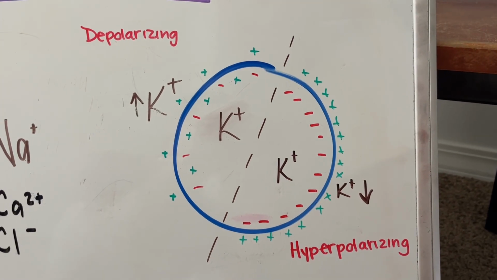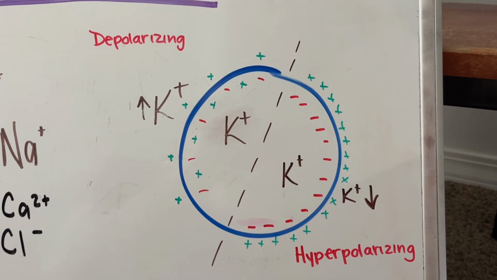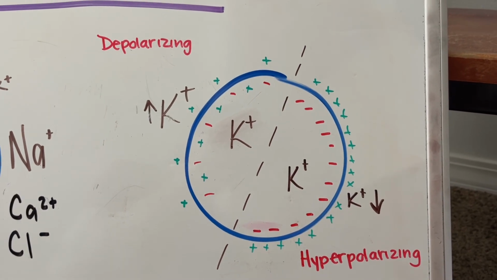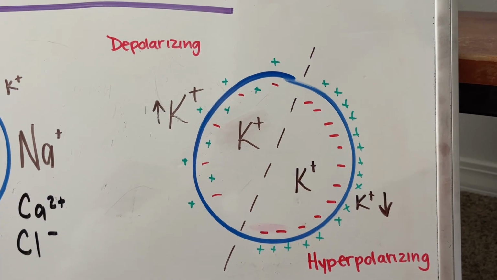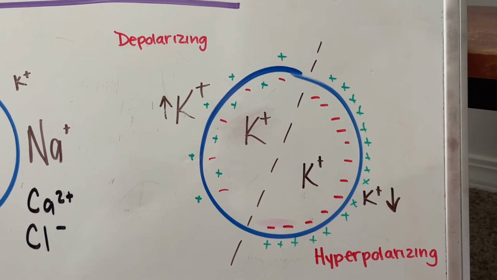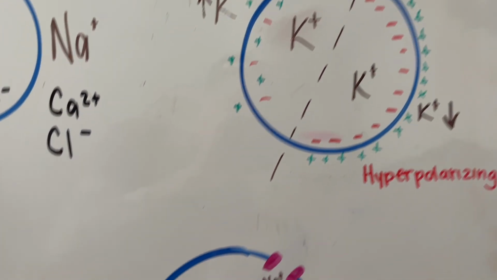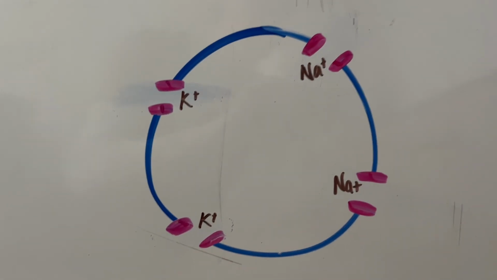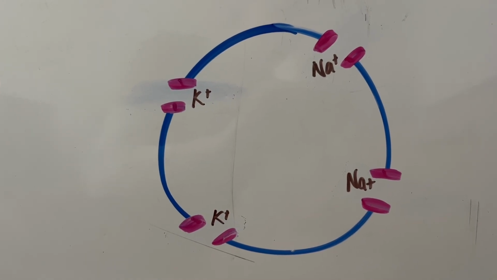For instance, something like hyperkalemia, which is an elevated extracellular potassium concentration, reduces the potassium concentration gradient, causing less potassium to leave the cell, thus depolarizing the membrane potential, making it less negative. Conversely, hypokalemia, which is a lower than normal extracellular potassium concentration, increases the potassium concentration gradient, leading to more K plus leaving the cell and hyperpolarizing the membrane.